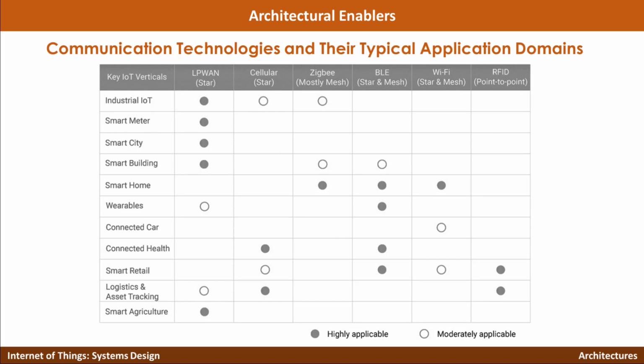For example, if you look at connected health, based on what people have developed, cellular and Bluetooth Low Energy are the most commonly used technologies, which seems to be correct, because based on the use cases we went through, usually connected health has some kind of wearable or some device that is closer to the human or a patient.